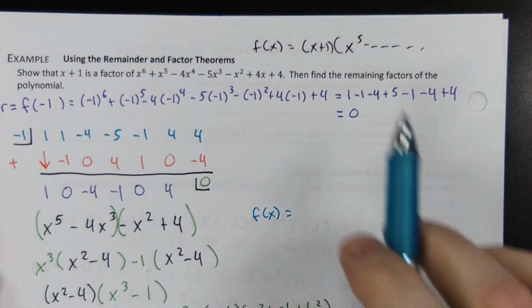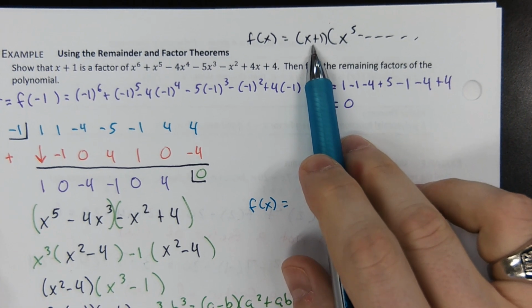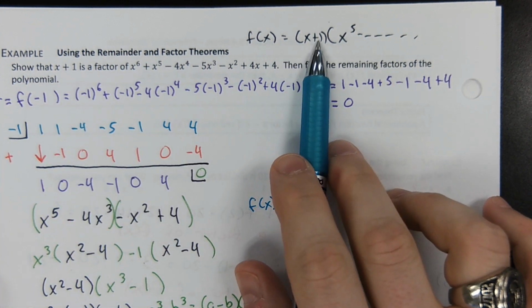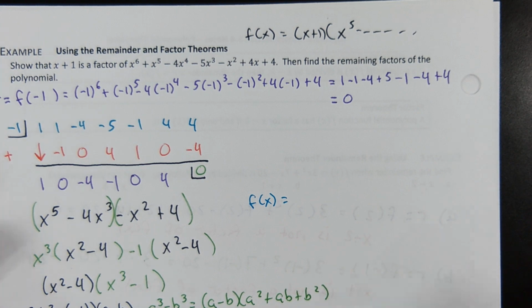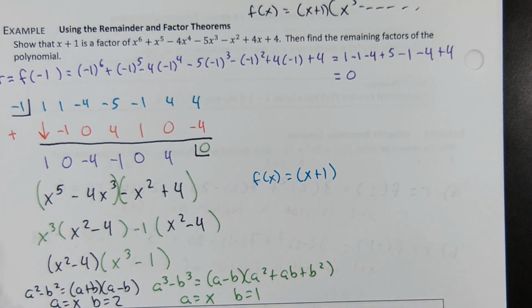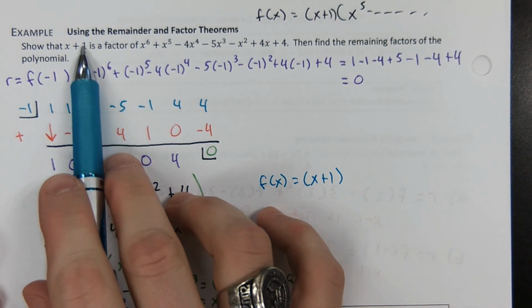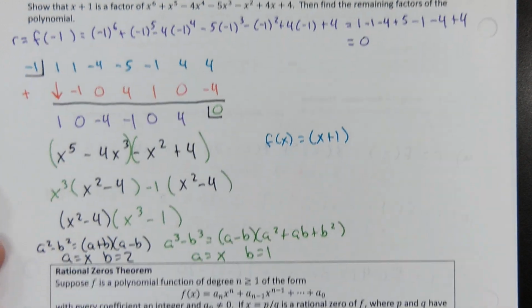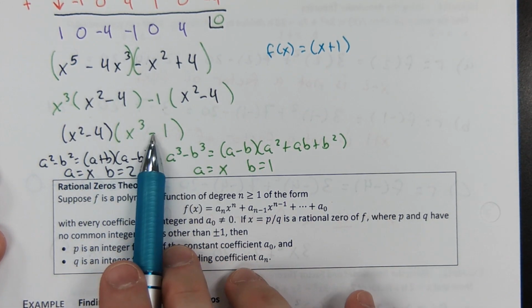Remember, we already know that x plus 1 is part of our factorization because it was given to us. So we know that one of the factors is x plus 1. We might as well write it first. In first period, I had a lot of people confused as to where this x plus 1 came from. It's right there. We were told it's one of the factors. And we used that knowledge to get down here to the black and green.